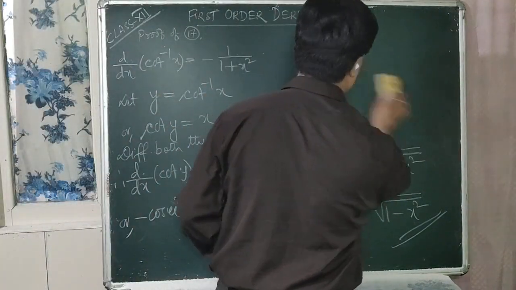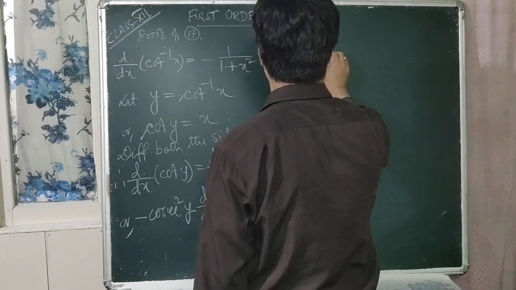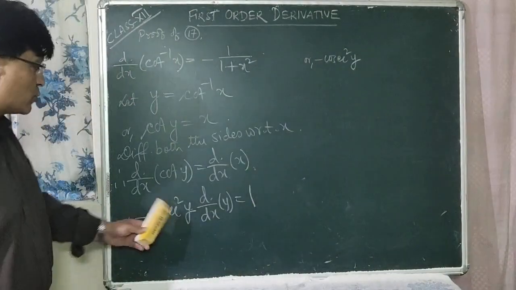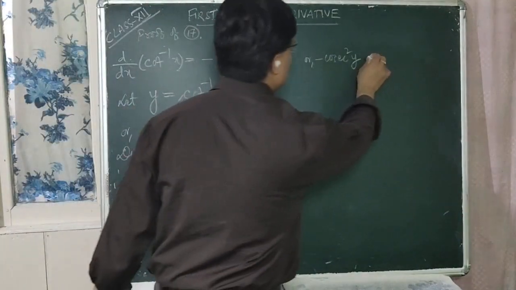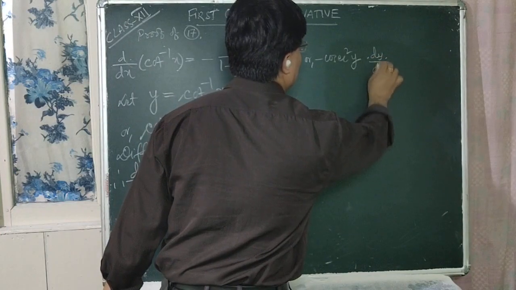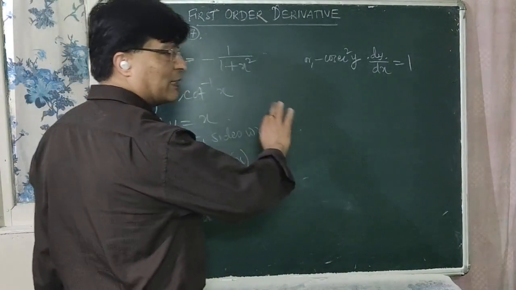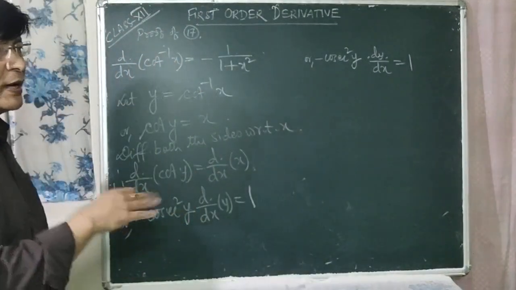Now, in the next step, this is your minus cosec square y into what is dy by dx of y? Dy by dx into dy by dx is equal to 1, right? So what is the value for dy by dx? Only you have to take minus cosec square y to the right hand side.